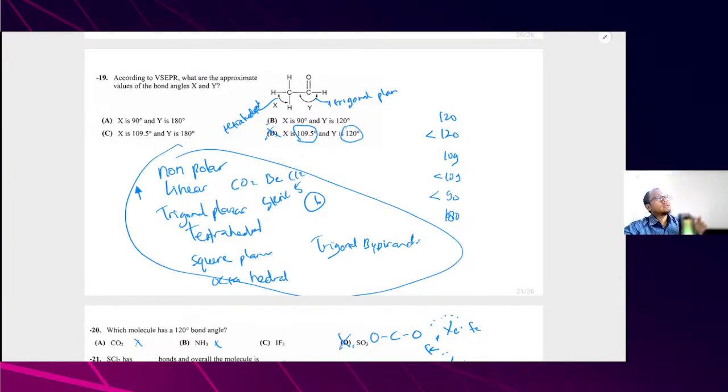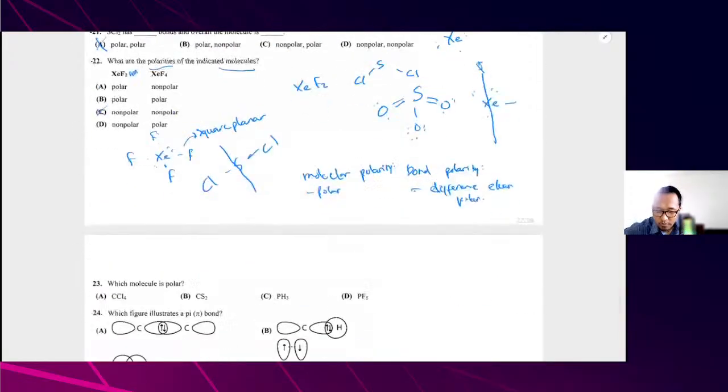Linear, trigonal planar, tetrahedral, trigonal bipyramidal. Okay, that's great.